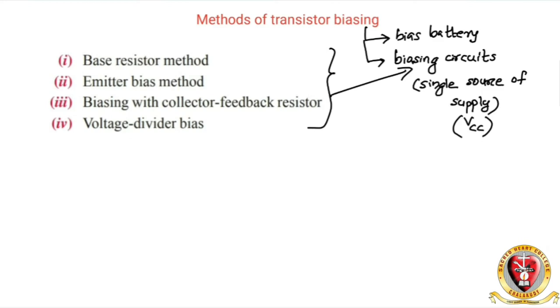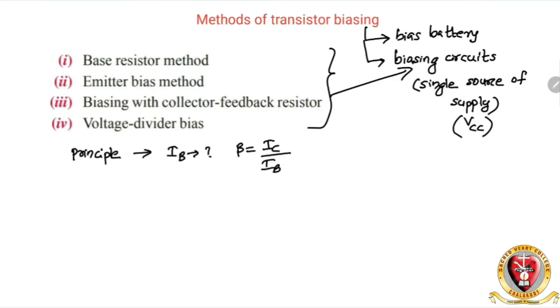In all these four methods, we are using the same principle. The principle is that the required value of base current IB, and hence IC, is obtained from VCC in zero signal conditions. We first find IB, then we know that beta is equal to IC by IB.